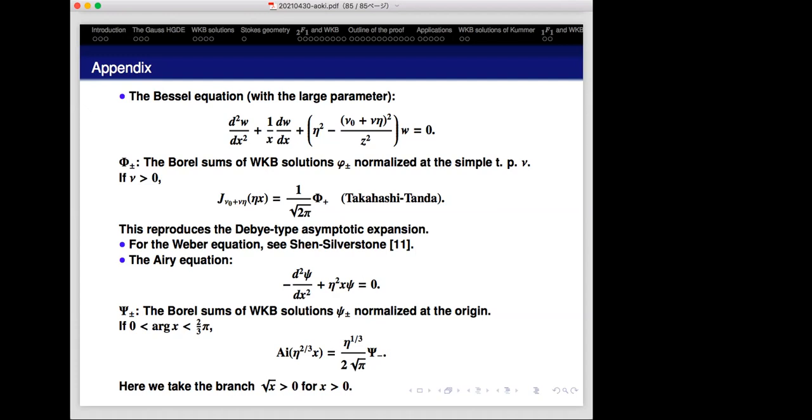Aoki, you have established an exact relationship between hypergeometric functions and the Borel sum of WKB solutions. By using this relation, can you say something about the relationship between the integral representation of hypergeometric functions and the Borel sum of WKB solutions? I have no idea.